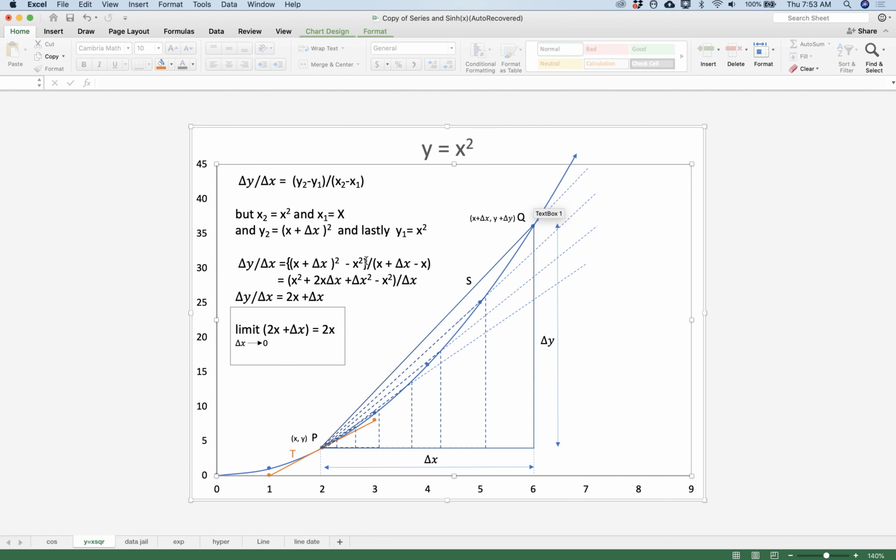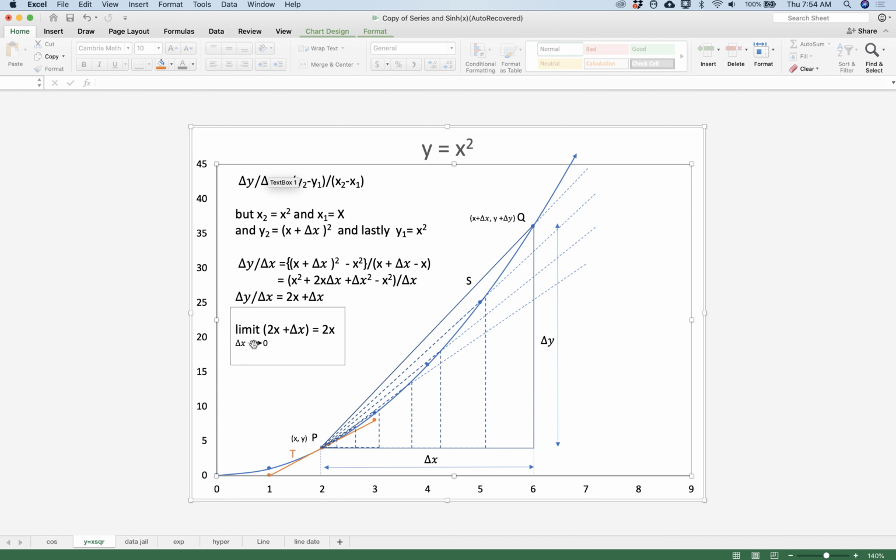X squared cancels out, x cancels out. We can divide through by what's left here, delta x, and we end up with delta y over delta x equals 2x plus delta x.